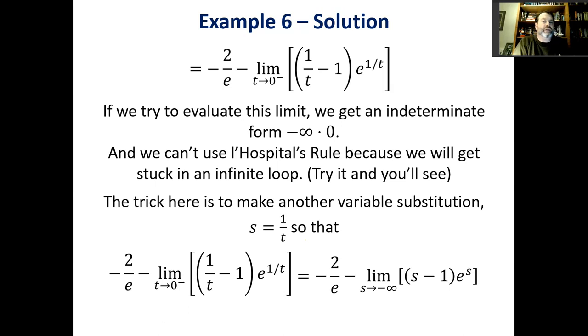I could have done this in the beginning of the problem, but the algebra works out better if you wait and do s later. So this limit, as t goes to 0 from the left, 1 over t minus 1 e to the 1 over t. If I replace 1 over t with s, this becomes s minus 1 e to the s. So I get this. This looks a lot nicer.